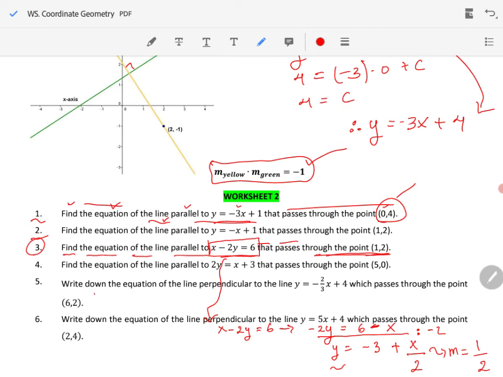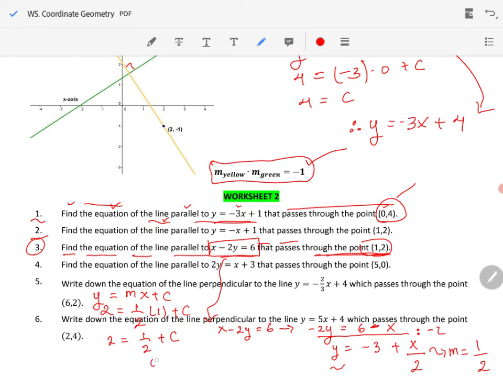So you can write y equals mx plus c. And look at the point. What is y? y is 2. What is m? 1/2. What is x? x is 1, plus c. So 2 will be equal to 1/2 plus c.